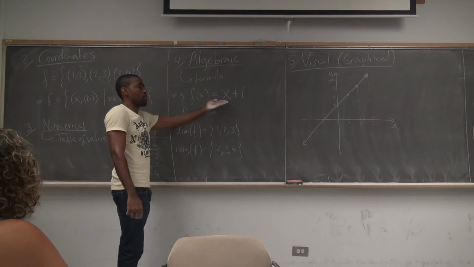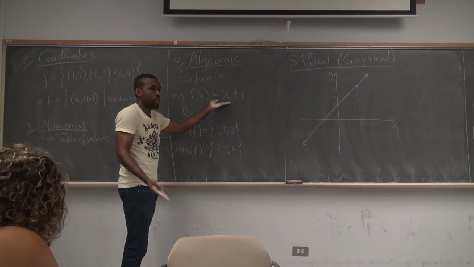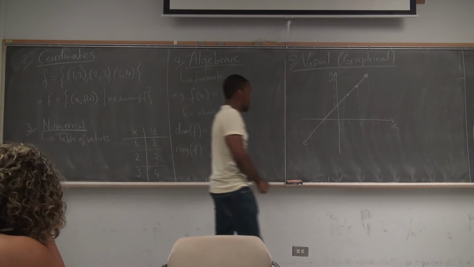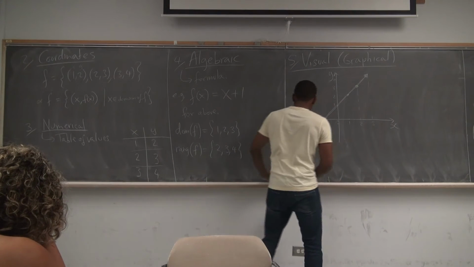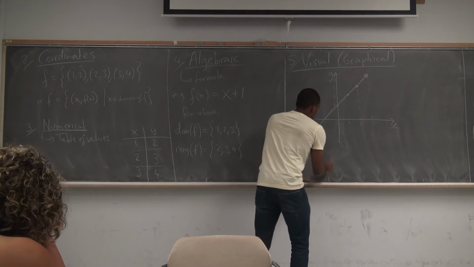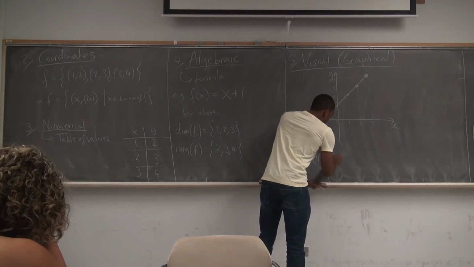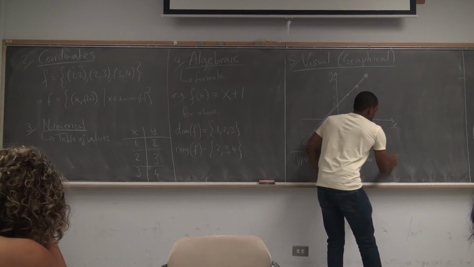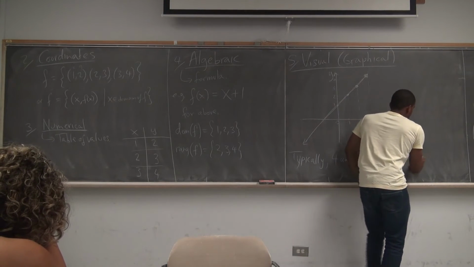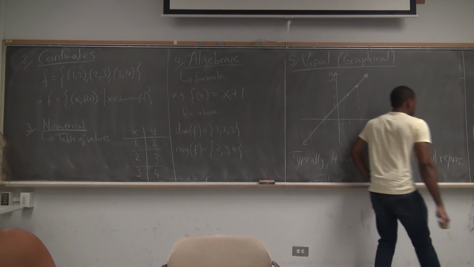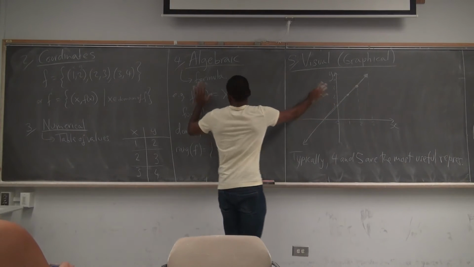And sometimes you just want a formula. I want something that I can plug into a calculator, right? And you might use this representation. Of course, typically, 4 and 5 are the most useful representations. So in a math class, we're going to be living here a lot of the time.